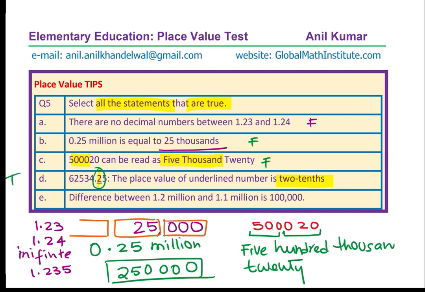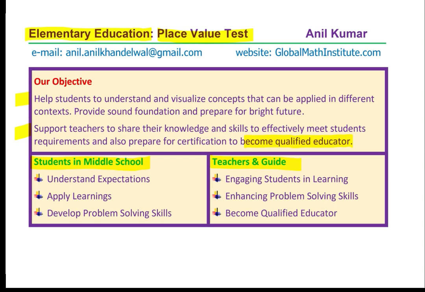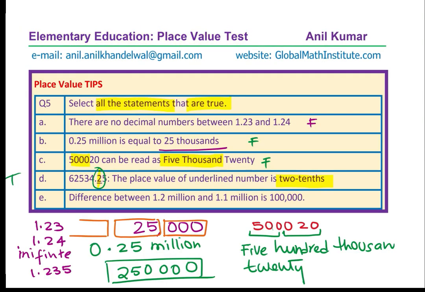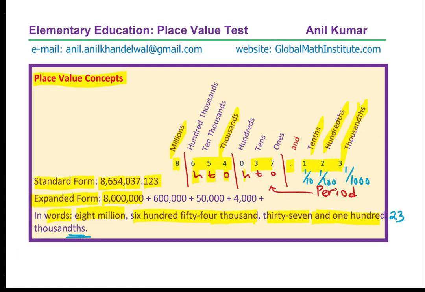Well, you can use the place value chart and figure this out, right? So if I write the two numbers 1.2 million and 1.1 million on the place value chart, where will it be? 1.1 million. Let me write here. 1.1 million means 1 and then 1, and that is in thousands place.